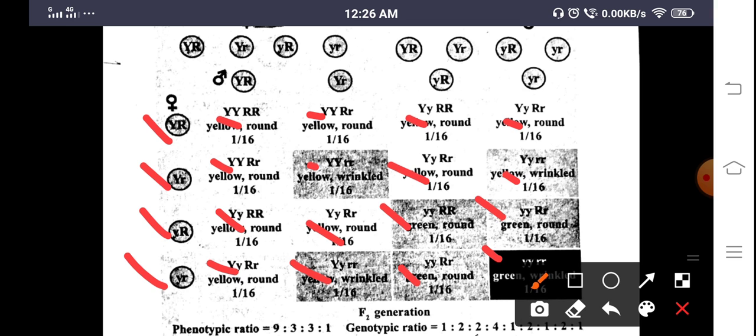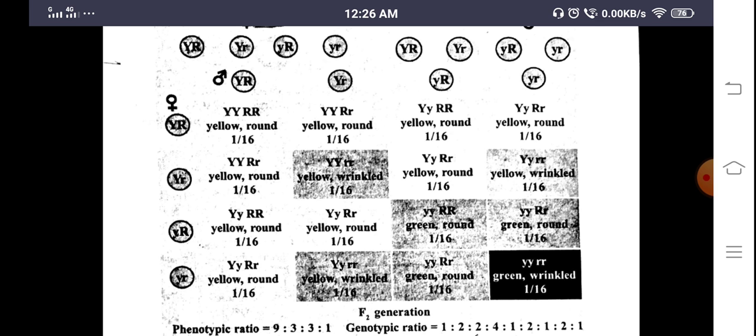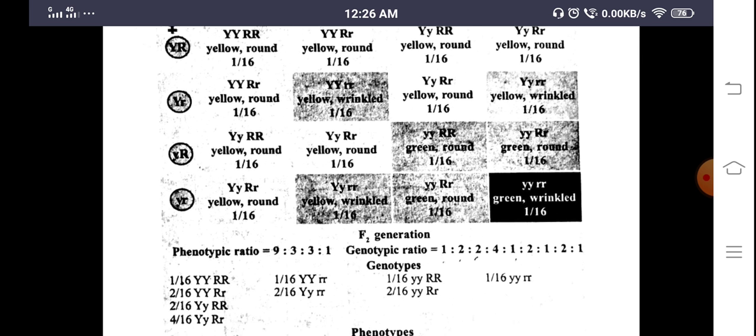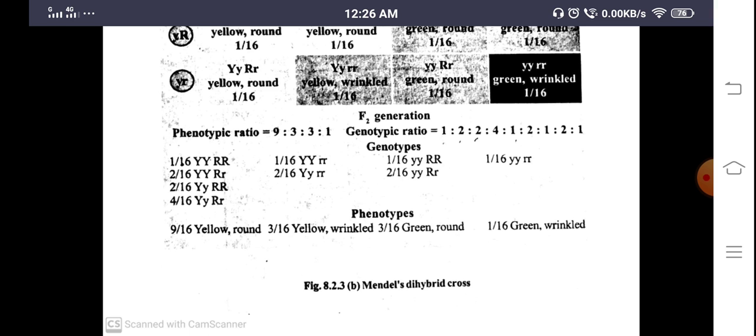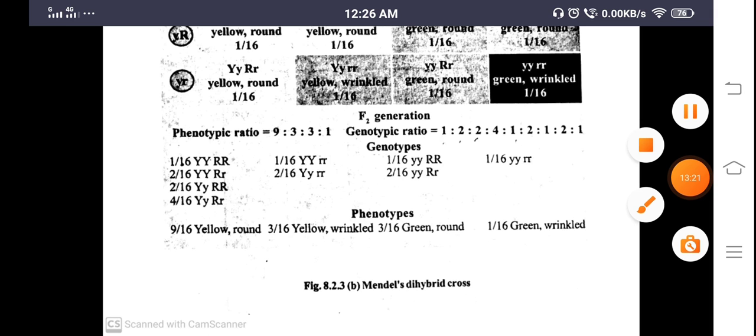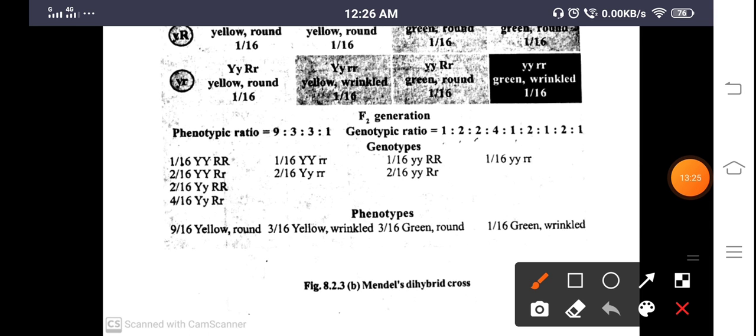So total 16 plants. Now let us take what type of phenotypic ratio and genotypic ratio we get from these. The phenotype ratio of a dihybrid cross is 9:3:3:1.